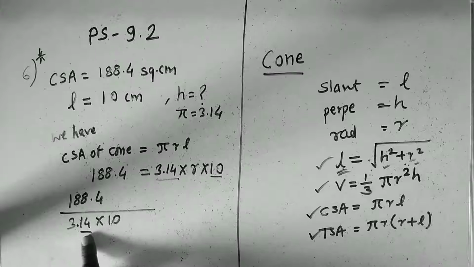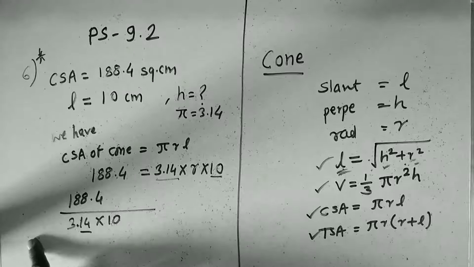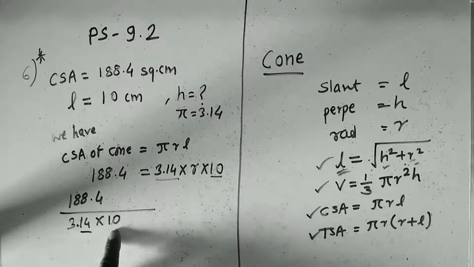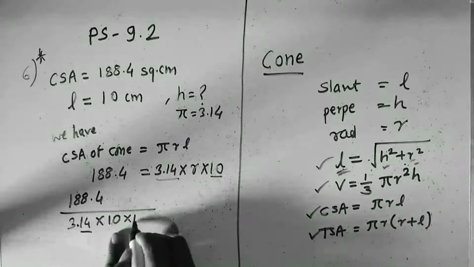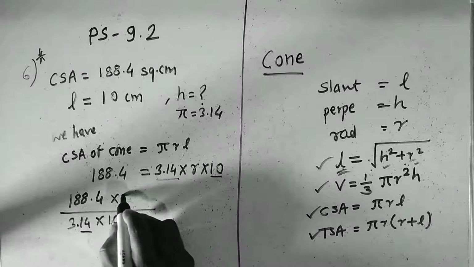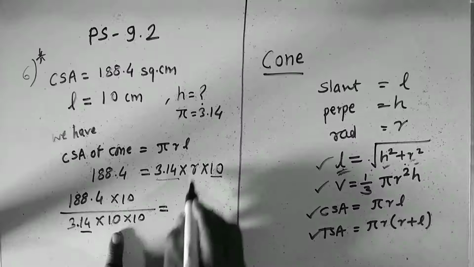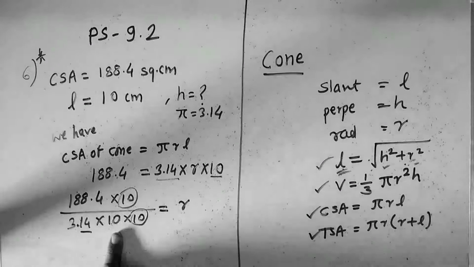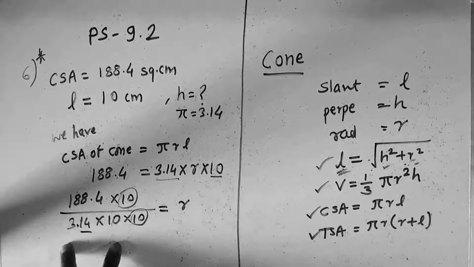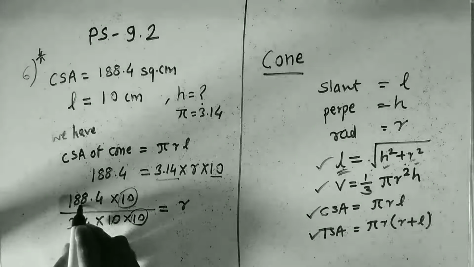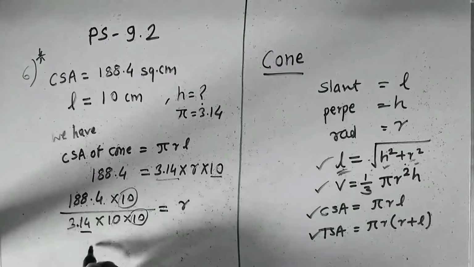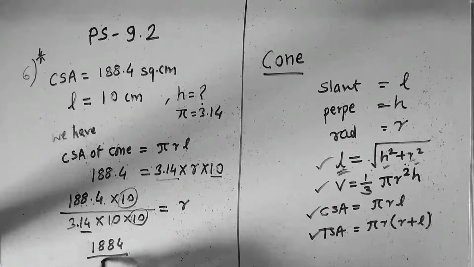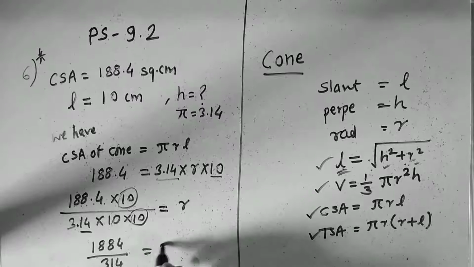I want to take these two numbers out, so I have to multiply by 100. Already I am multiplying by 10, so I will multiply again by 10. I will also multiply here by 10, as only r is remaining here. I have multiplied here by 10, so I have also multiplied here by 10, remember. Now it will become 188.4 times 10, which becomes 1884, and this will become 3014 equals r.